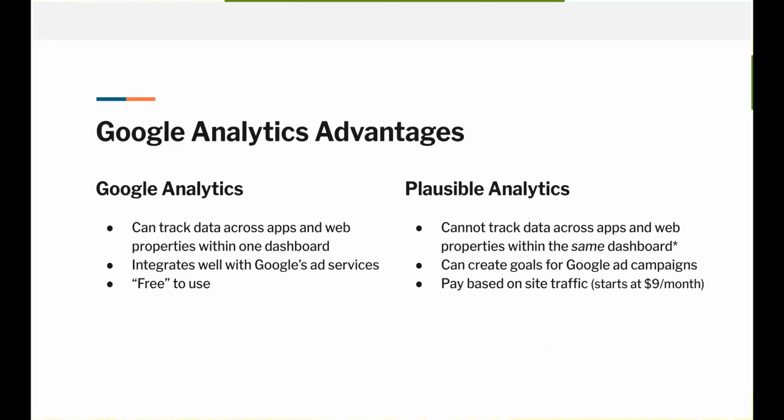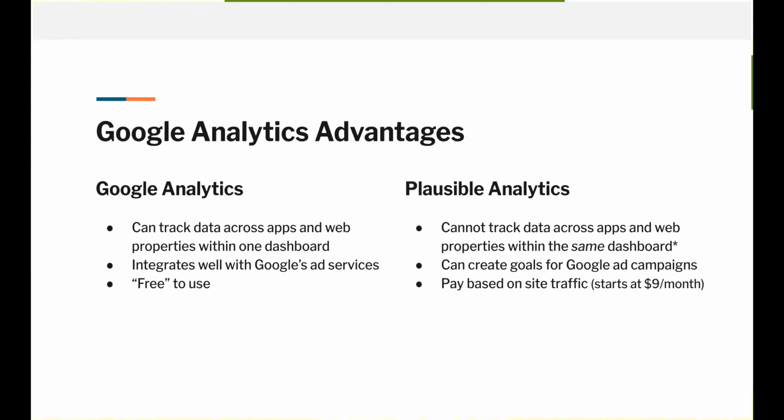There are some advantages that Google Analytics still has over Plausible. A big one, and this was a big selling point with the new version, Google Analytics 4, is that if you have an app and a website and you want some kind of relationship between the two, or if you have two different websites, or more, and you want to see that data tracked holistically.